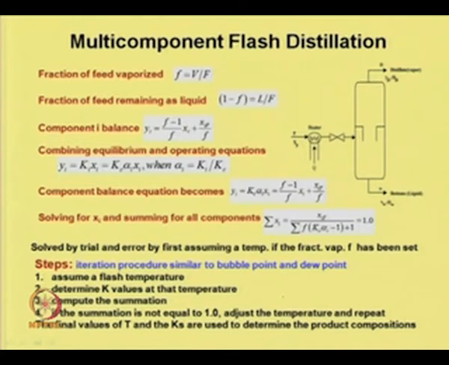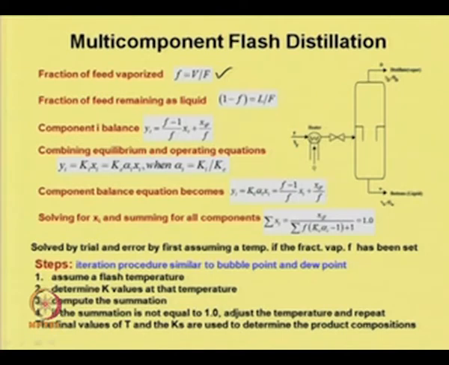If we define the fraction which is vaporized as f equal to V by F, then the fraction of the feed remaining as liquid is 1 minus f, which is L by F. If we do the component balance, yi would be equal to (f minus 1) by f xi plus xif divided by f.